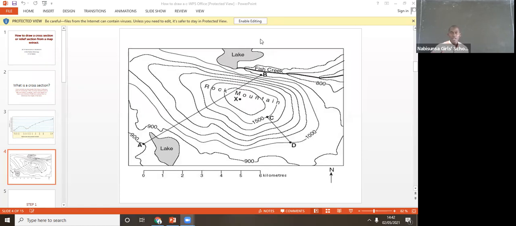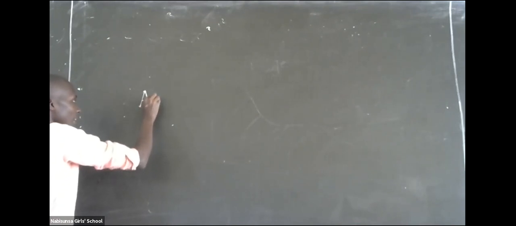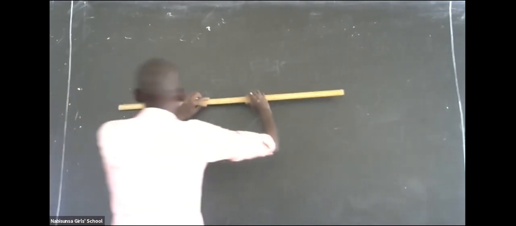Now, what we are going to do, you look at what I'm drawing on the board. On your paper, I want you to get a point called A, point A. Then from A you draw a line. Let me show you.